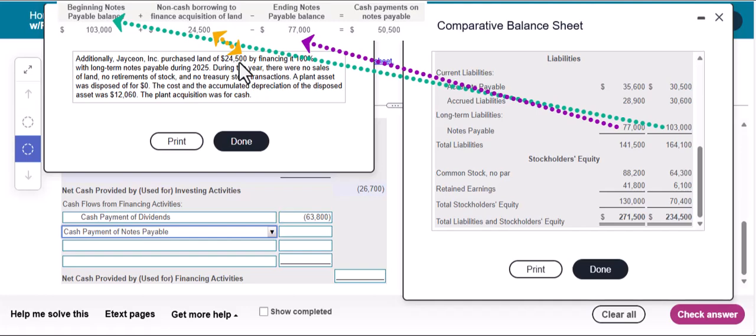So that is that 77,000 given to us over here. That is going to give us our total cash payments on notes payable, and that number is 50,500. And again, since it is a cash payment of notes payable going out, the cash is going down. So this number is going to be negative 50,500.